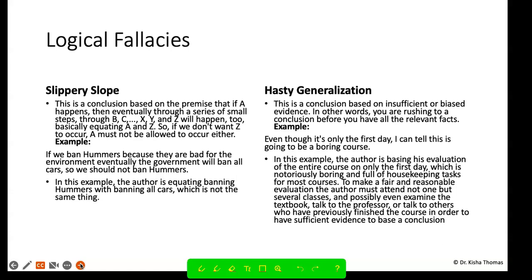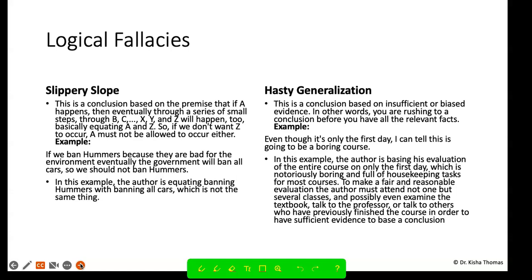Hasty generalization. This is a conclusion based on insufficient or biased evidence. In other words, you are rushing to a conclusion before you have all of the relevant facts. Even though it's only the first day, I can tell this is going to be a boring class.